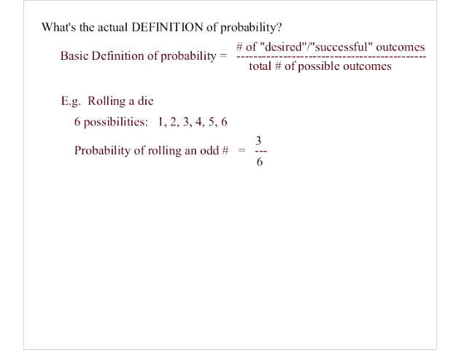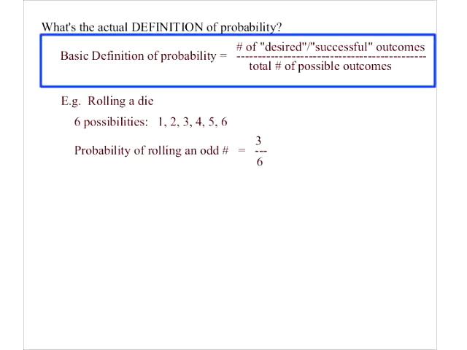Now, there's a restriction on this. There's a condition under which this works, and if that condition is not true, then this doesn't work. Does anybody know what has to be true about the outcomes for this definition to work?